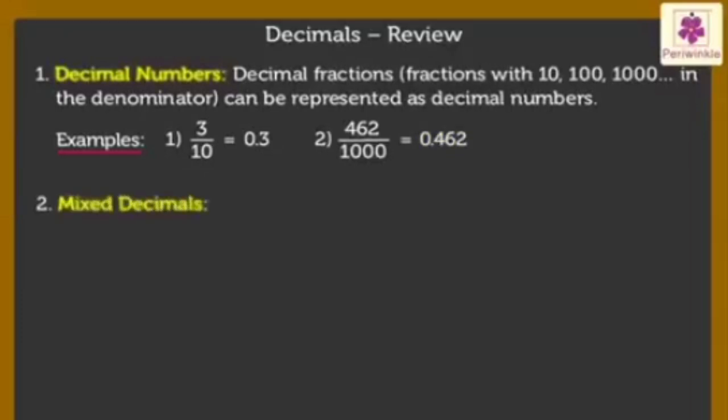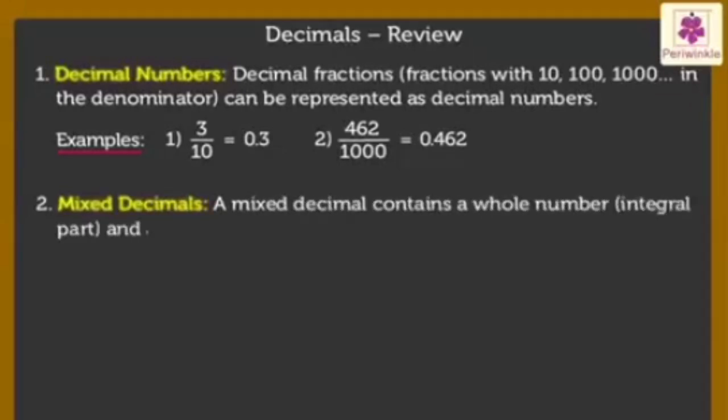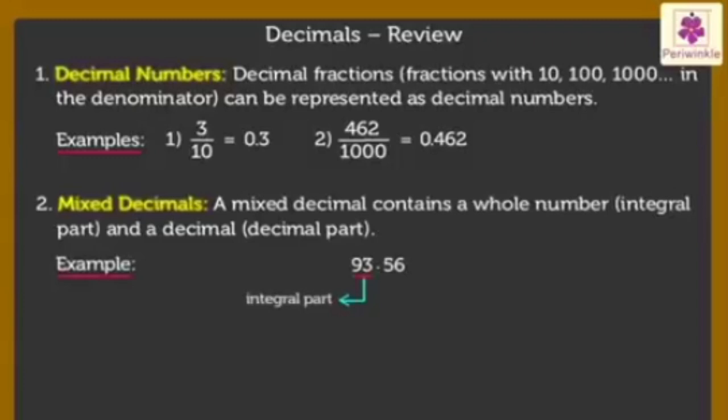Mixed decimals. A mixed decimal contains a whole number, that is the integral part, and a decimal, that is the decimal part. In this decimal, 93 is the integral part. The dot refers to the decimal point, and 56 is called the decimal part.